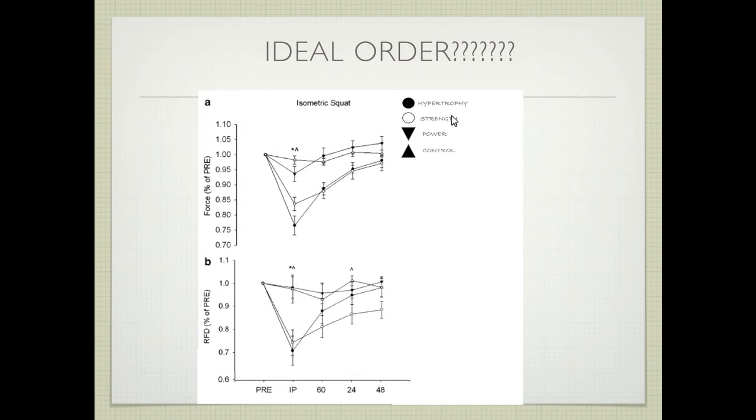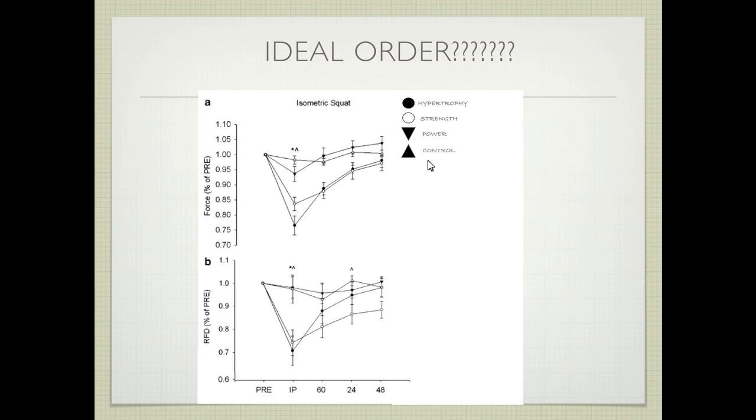One of the things to realize, though, is going back to that sequencing of fatigue. If you train, for example, for power, this is looking at strength, force. Force only goes down a little bit after a power workout and then rebounds back up. Strength goes down and then takes a while to come back up, and hypertrophy has the most fatigue, and that takes a long time to come back up.